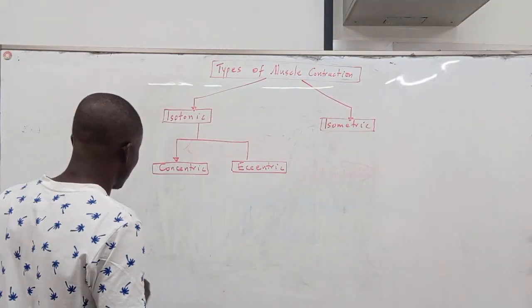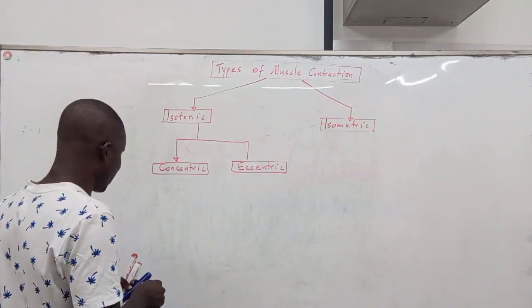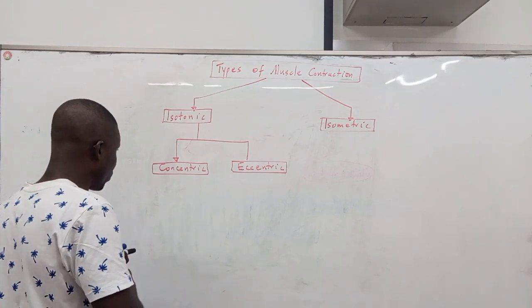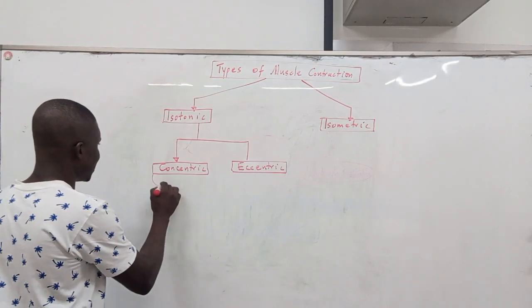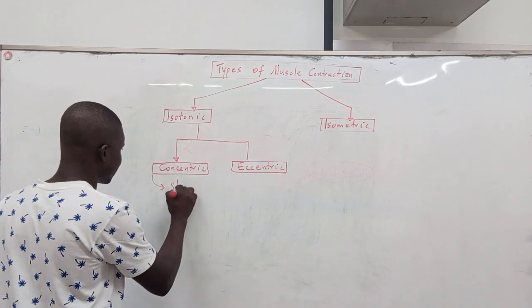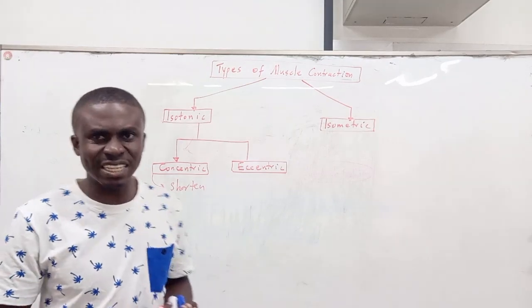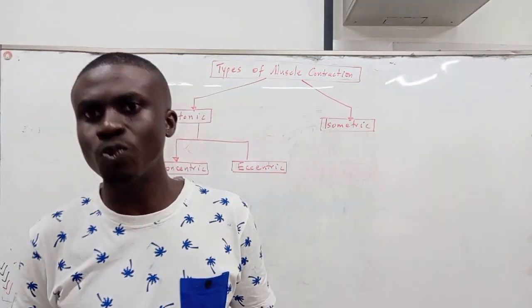So in concentric muscle contraction, the key thing we want to put across here is that the muscle fiber will shorten. The shortening of the muscle fiber is the classic muscle contraction we want to see.